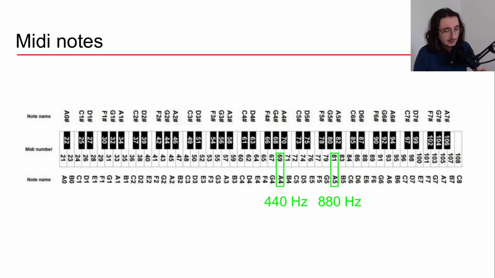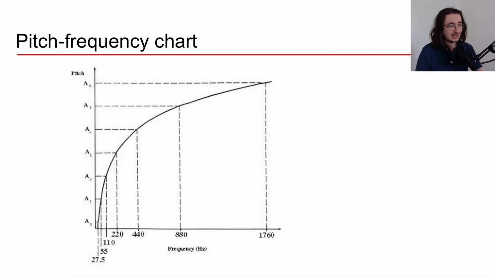Okay, so now if we take all of these ideas and plot them on a pitch-frequency chart, you'll see that the mapping between frequency and pitch is a logarithmic one.